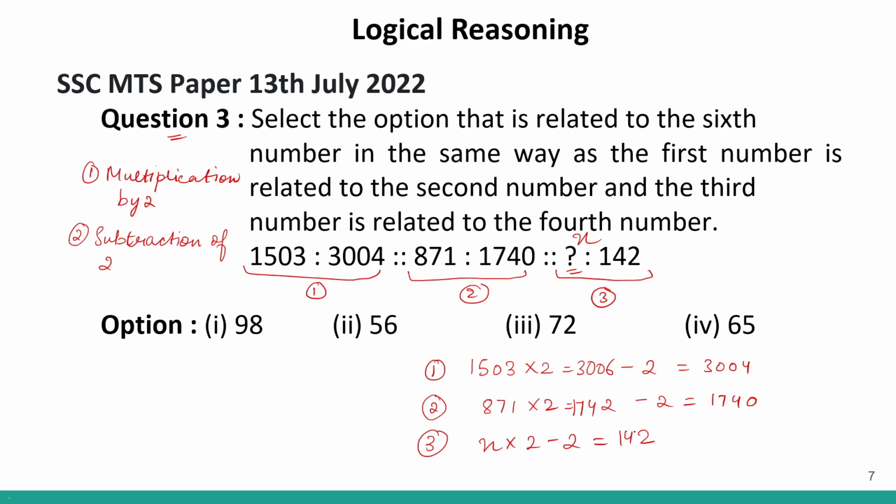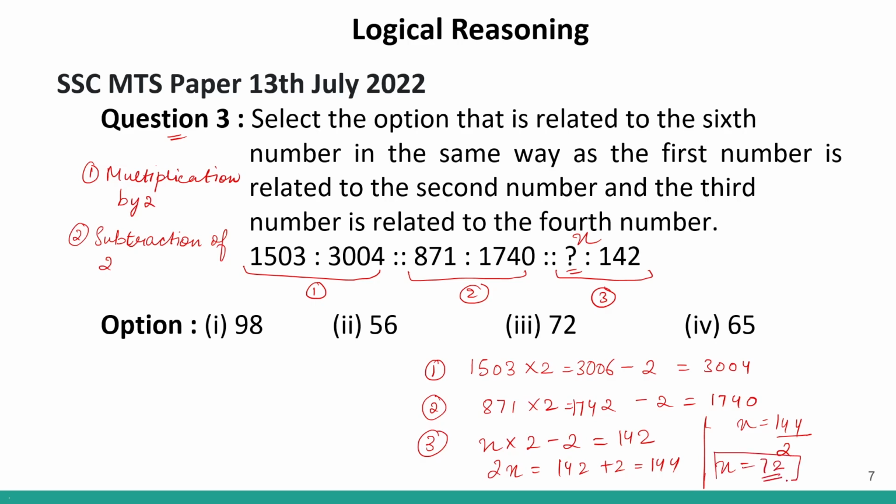Correct? If I take 2 this side, it will be 2x equals 142 plus 2, which is 144. So I got an equation that 2x equals 144. This is my equation. So if I have to solve for x, I have to take 2 over here. And if I divide 144 by 2, I'll get 72.